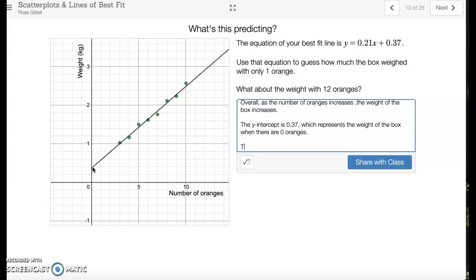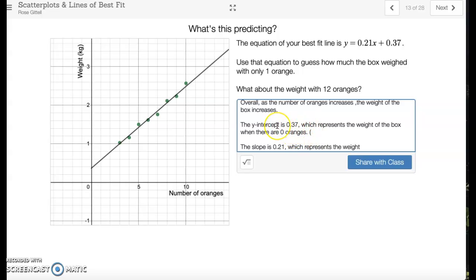And then the slope is 0.21, which represents the weight. The slope is always going to be some sort of change. Actually, let me just go up here.